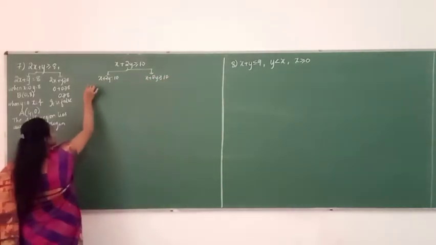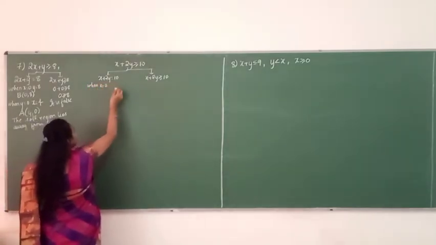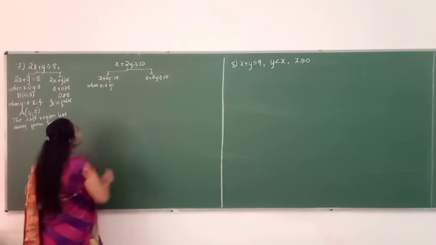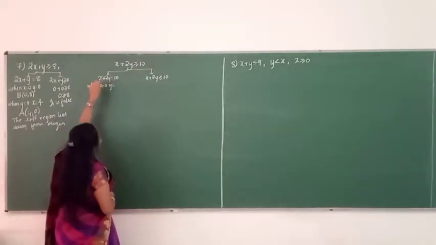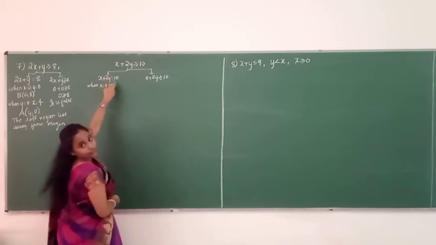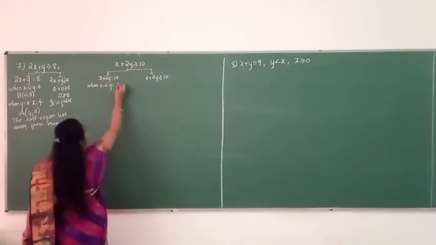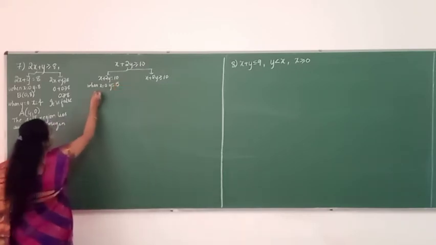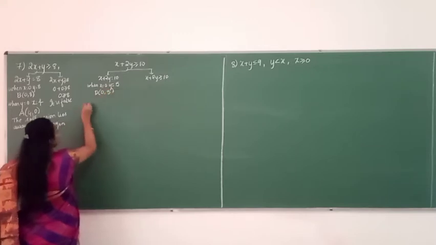When x is equal to 0, 2y is equal to 10. When I take 2 to the RHS, it goes to the denominator, so it becomes 10 divided by 2, which is 5. So the coordinate is 0, 5.